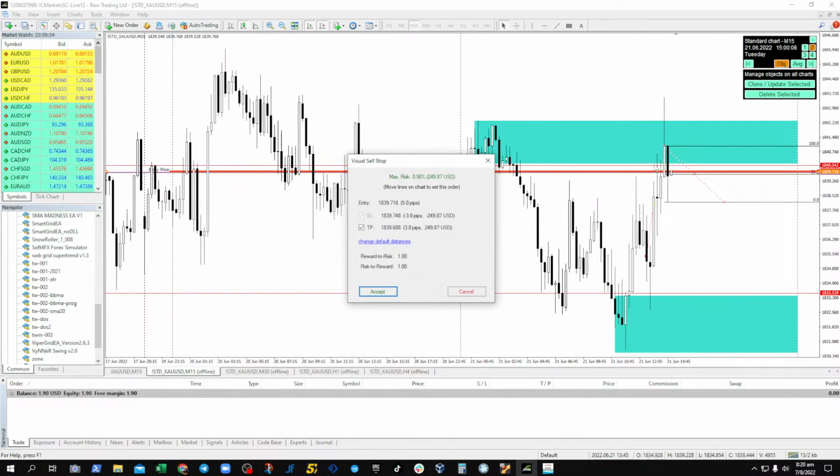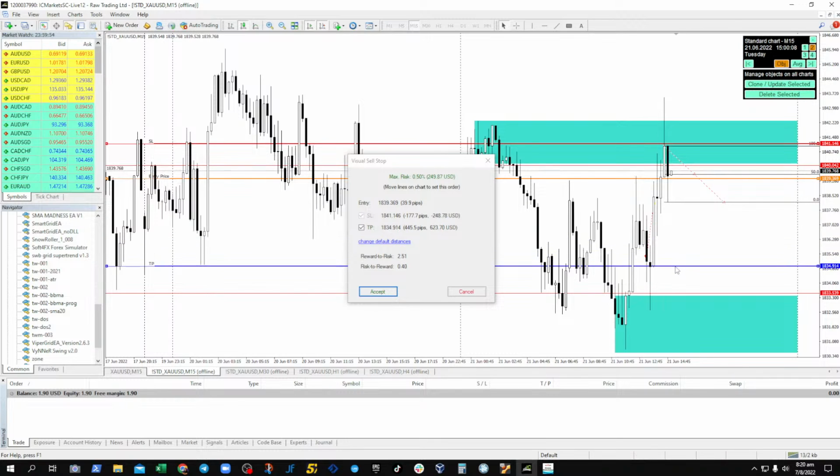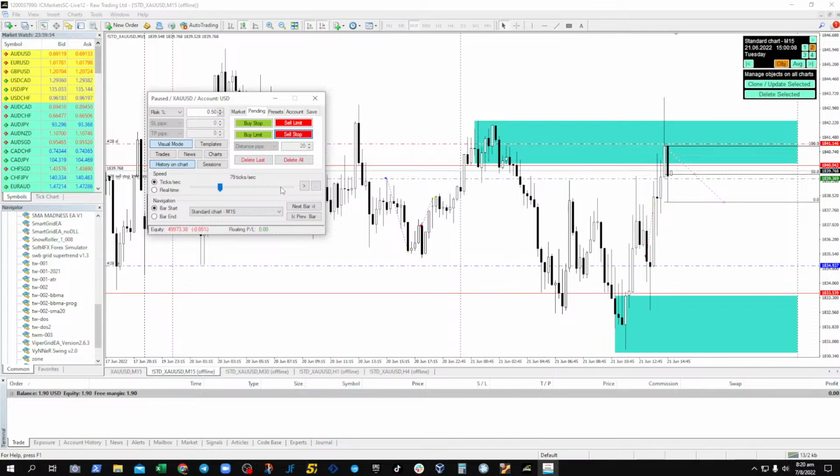So I make a sell stop. Sell stop down here. Stop loss there, and I'll target this. Should be a good profit with it.